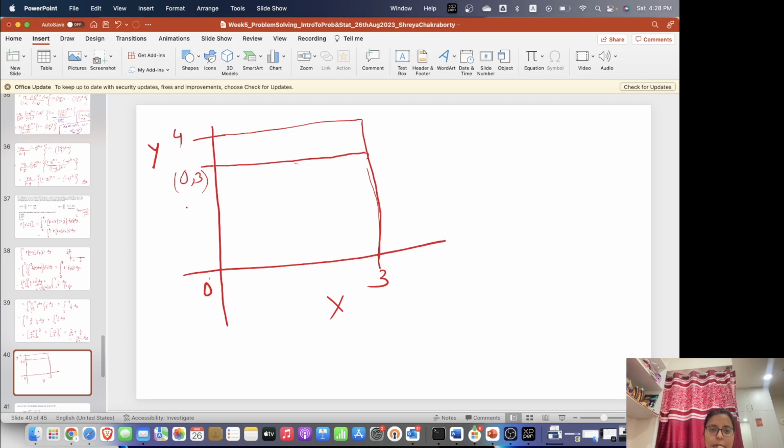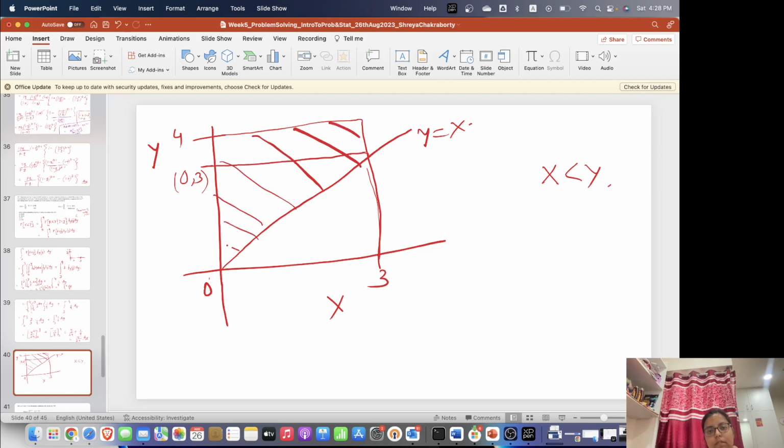So this is 0, 3. This line is my y equal to x. We are interested in x less than y, so that space is this one. Here you see x is less than y. x is 0, y is 3, so this point falls in this range. So this is the area we are concerned about.